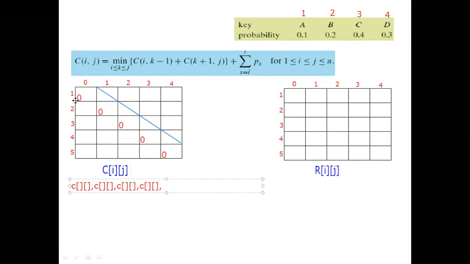You see 1 1. What is 1 1? That is the first value, 1. Which is the next value? 2 2. Which is the next value? 3 3. Which is the next value? 4 4.